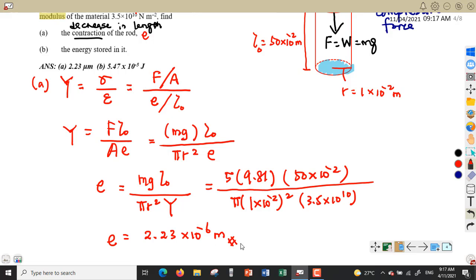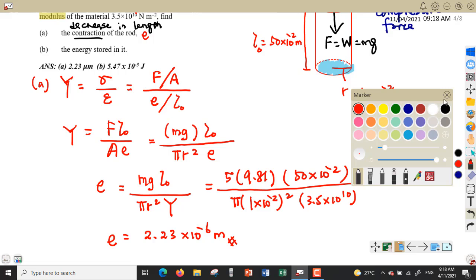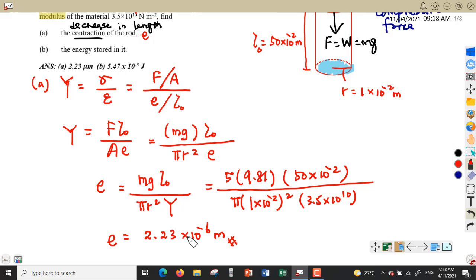So the decrease in length is very small. It's not that noticeable to our naked eye lah. So guna mata kasar actually kita tak berapa boleh observe decrease in length tu lah sebab nilai dia sangat kecil sahaja.